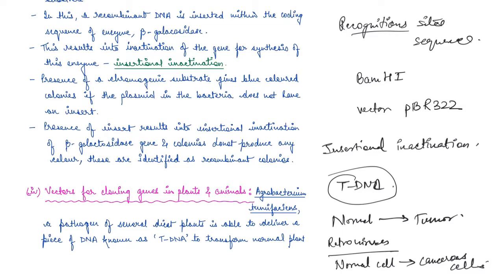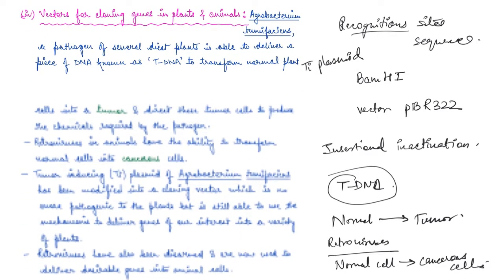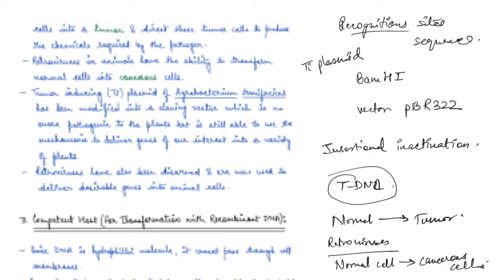So say now there is a tumor inducing plasmid which is known as Ti plasmid, in Agrobacterium tumefaciens itself. So what we did is that we modified that into a cloning vector, which is no more pathogenic to the plants.